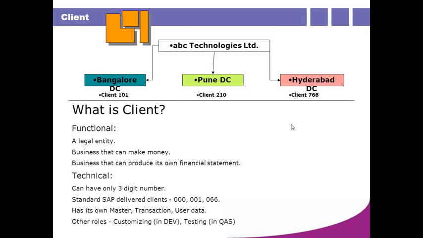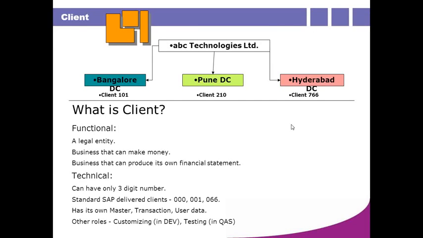So the client is a data separator even though your data is in the single database. My Bangalore data is organized through one client, Pune data is one client, and Hyderabad's data is one client. If I log into the Bangalore client, I can't see or modify the Pune client data and Hyderabad client data, and vice versa.